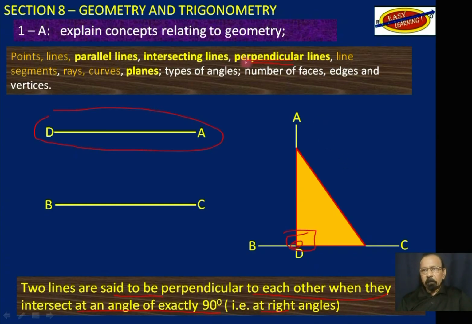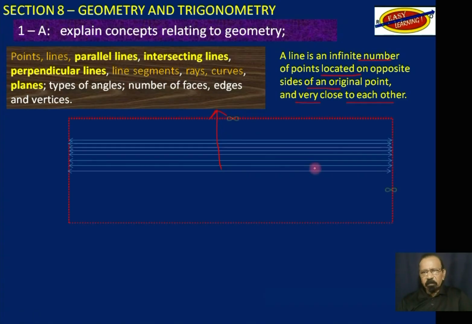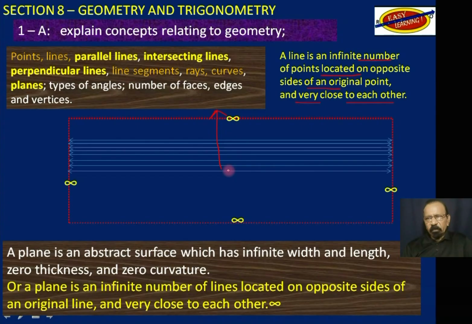Those are perpendicular lines. Now we said that a line is an infinite number of points located on opposite sides of an original point and very close to each other. That's one way to look at it. So let's say that is our line. But what happens if we take an infinite number of lines and put them in that direction? Infinite. And then we put an infinite number of lines in this direction. What do we have? We have a plane.